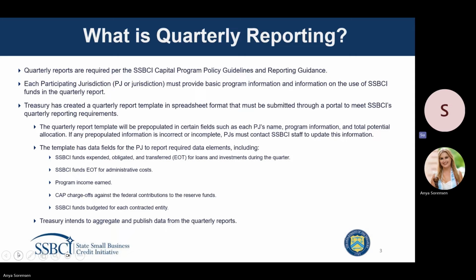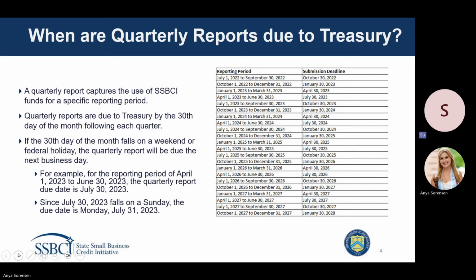We encourage jurisdictions to review the capital program guidelines on EOT requirements, as well as the capital program guidance on specific data to report. Moving on to the next slide on when quarterly reports are due to Treasury.